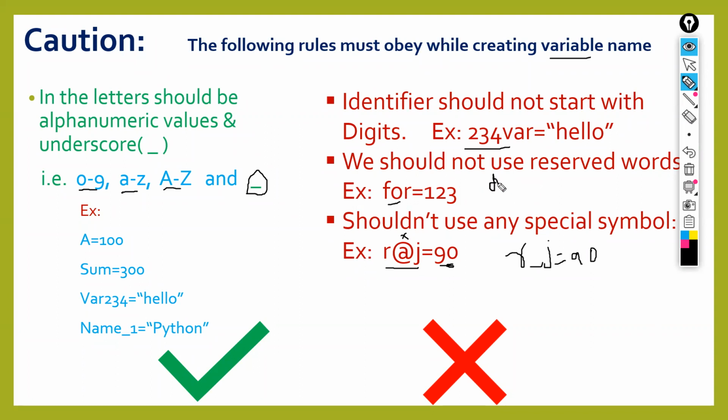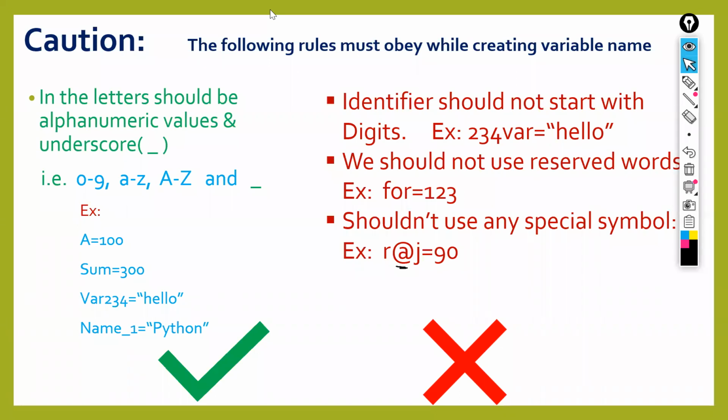There are some names, def, def means defining the function, or while loop, while. We have 36 keywords. I'll show you while executing. And the last one is that special symbols cannot be used as the identifier name. Till now, any doubts, you can ask me in the chat window. Let's go further.